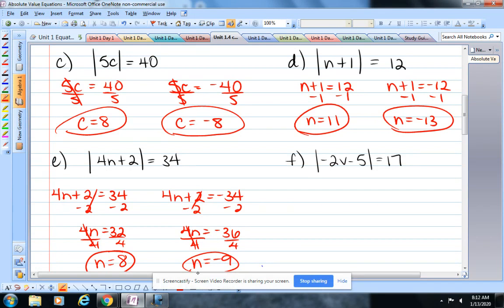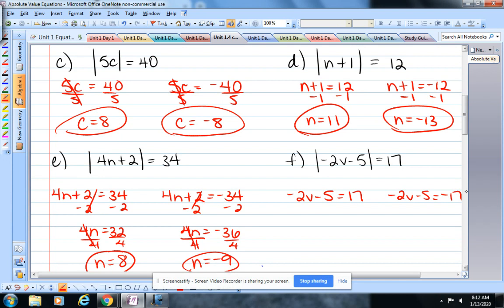All right, so F says absolute value of negative 2b minus 5 equals 17. What's our first step? Make two equations. What's one equation say? Minus 5 equals what? And what's the next one say? Very good.